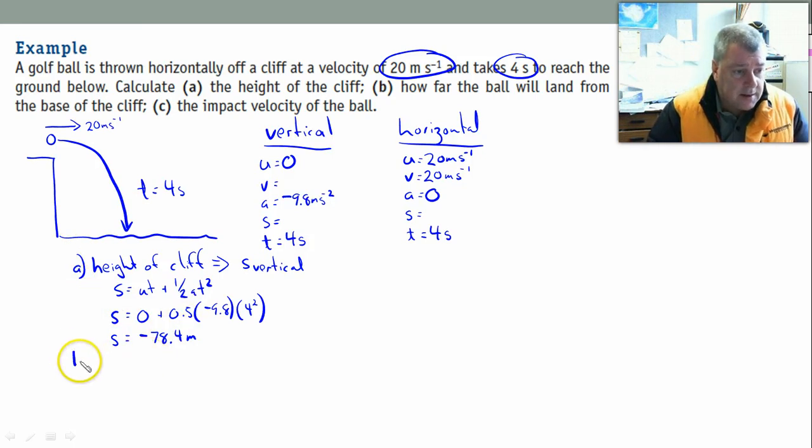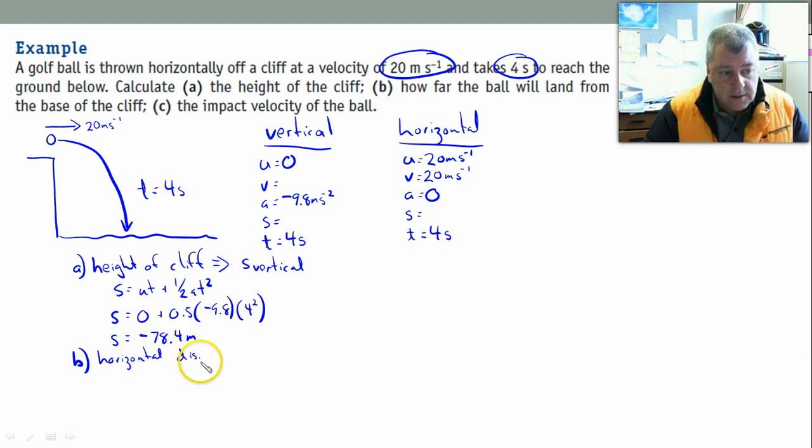Now, B. What do we want? We want how far the ball will land from the base of the cliff. That's this one here, so that's the horizontal displacement. In terms of our unknowns, that's s horizontal.